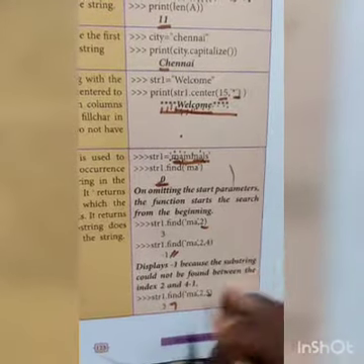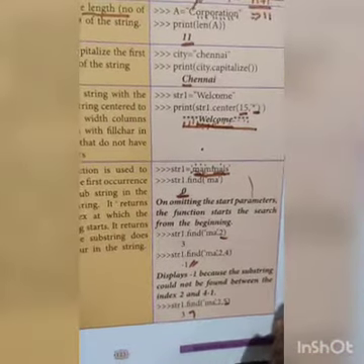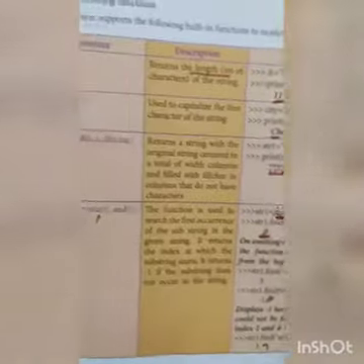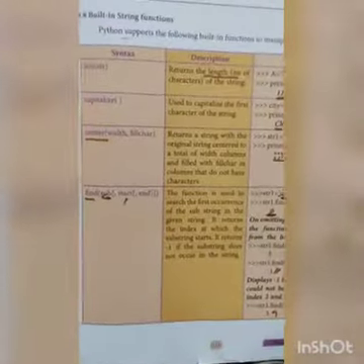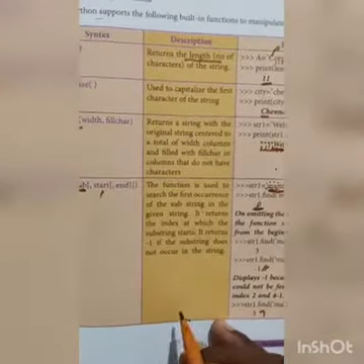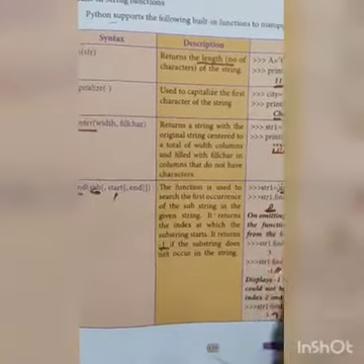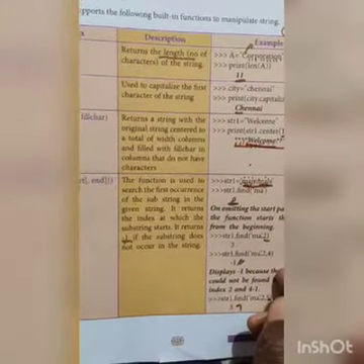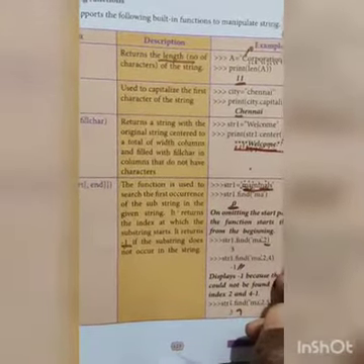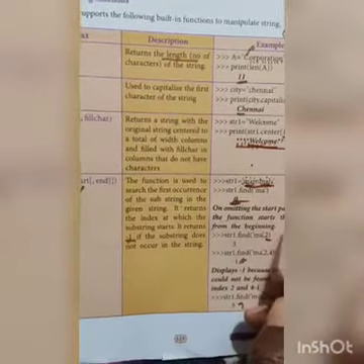So that is how the search finds the substring. If the substring is not there, -1 is returned. If the starting value is not given, 0 is used.